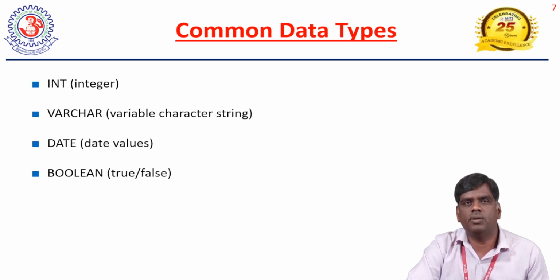If the column has date values, we will use date. In some cases we will use active or inactive employees or products, so I can go for a boolean. It has 0 and 1, that is true and false. These are the common data types used in SQL.